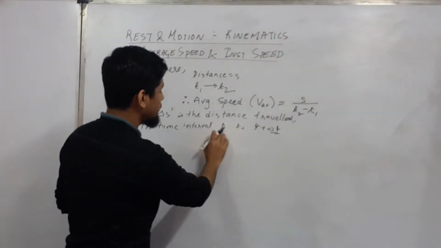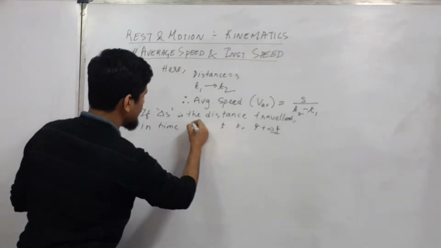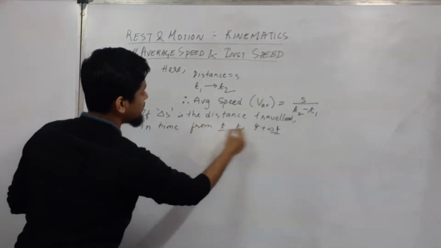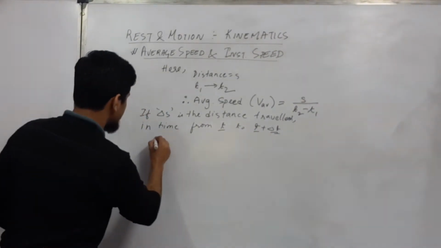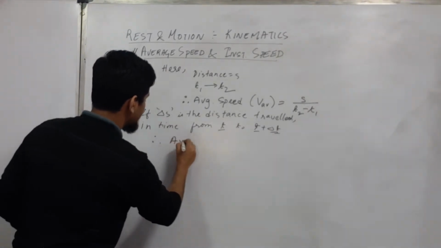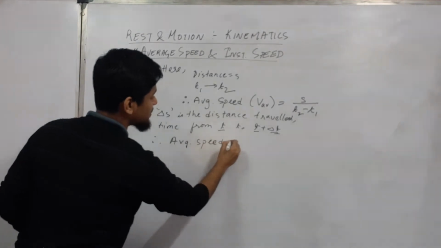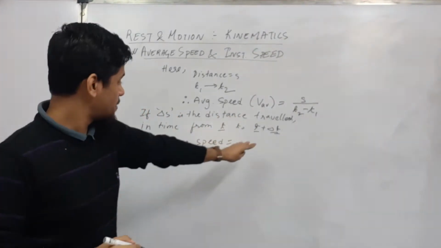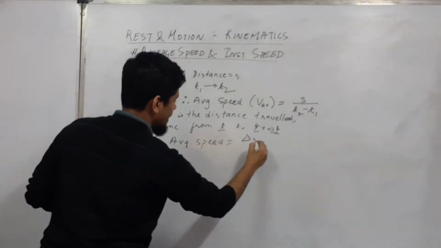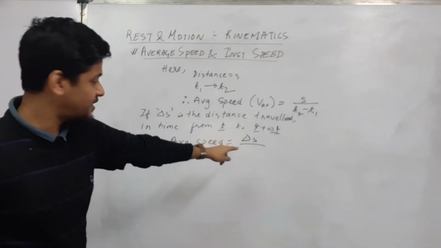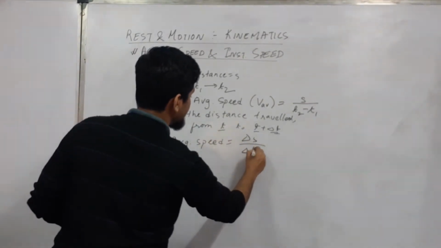We are going from time t to t plus delta t. So this is the time interval that we are considering. So what will be the average speed in this case? Average speed will be the distance by the time interval. The distance is delta s, and the time interval that we are considering is t plus delta t minus t, which is delta t.